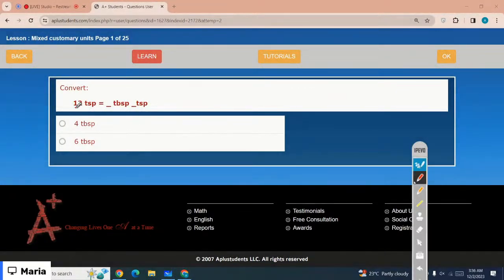Teaspoons is the smaller unit, so you have to divide 12 by 3, because the basic conversion is 1 tablespoon equals 3 teaspoons. 3 times 4 is 12. That means 12 teaspoons equals 4 tablespoons. Option number 1 is the correct option, right?